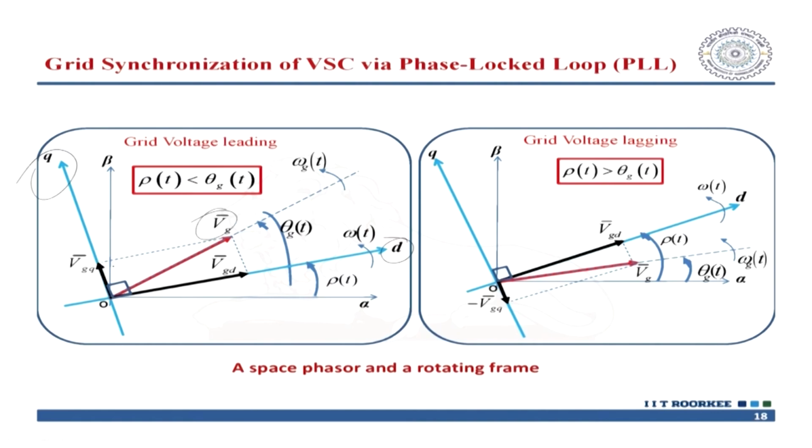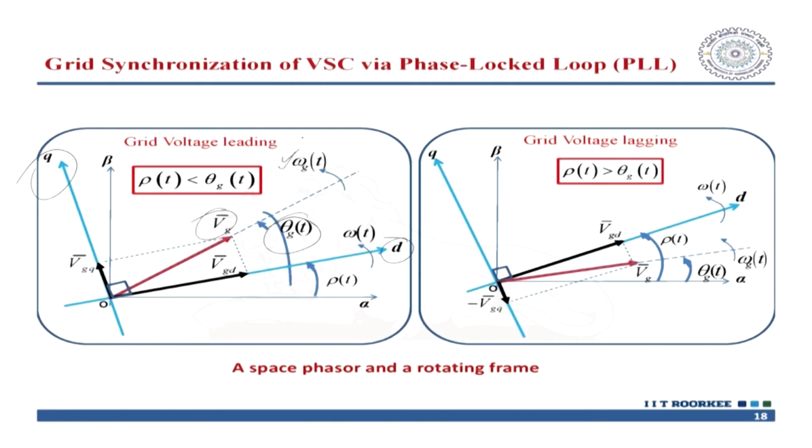With the grid voltage, generally A and D are aligned, and you get an angle theta g. And if this happens, if rho t is less than theta g, we say that the grid voltage is leading.